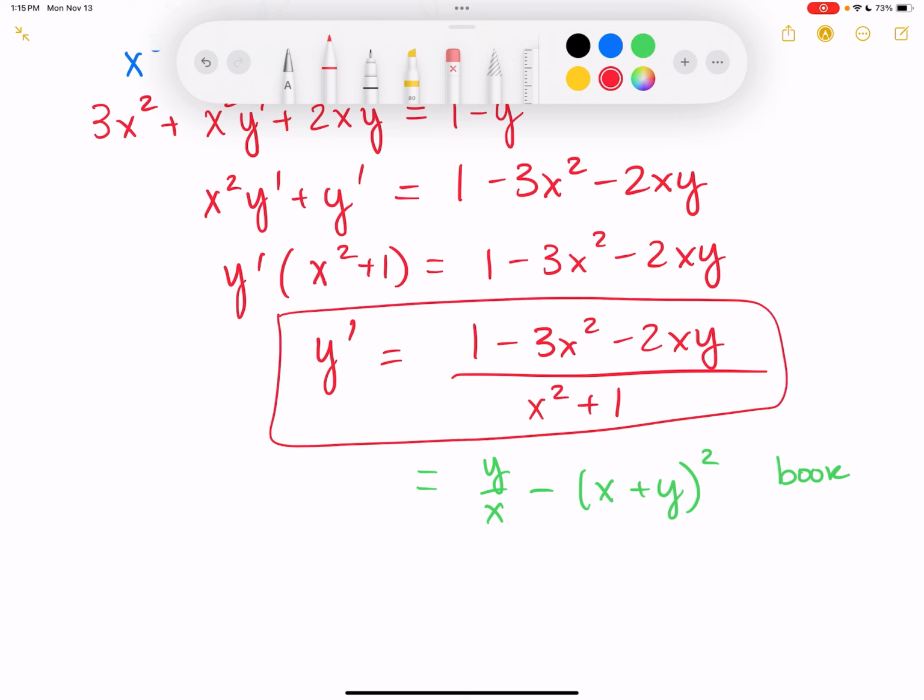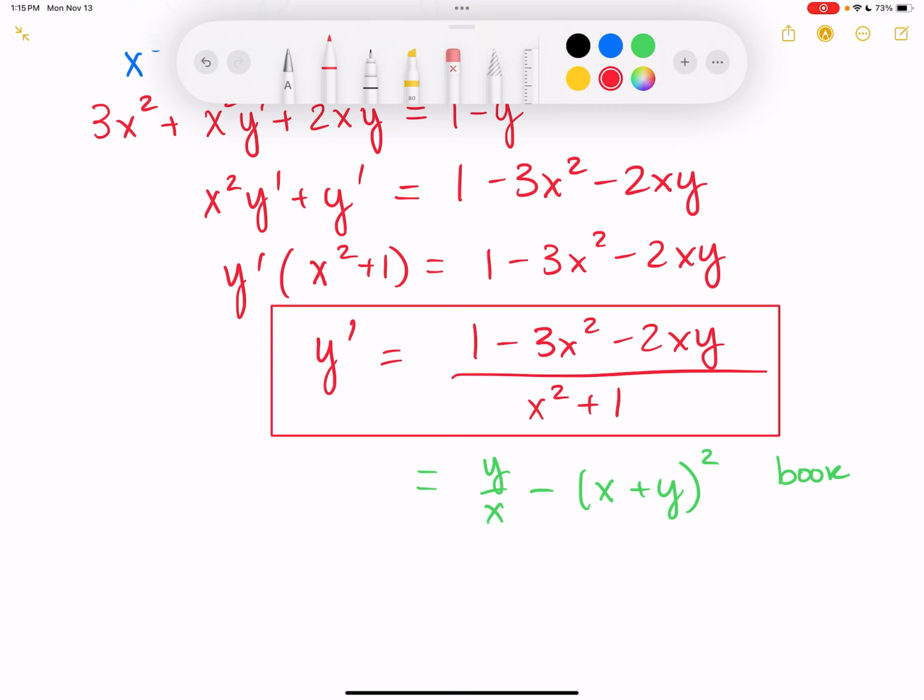I don't even understand that book answer. They factored. What did they factor? Don't try to understand it. Just leave it in what's in red. There isn't a method. No method. Madness.